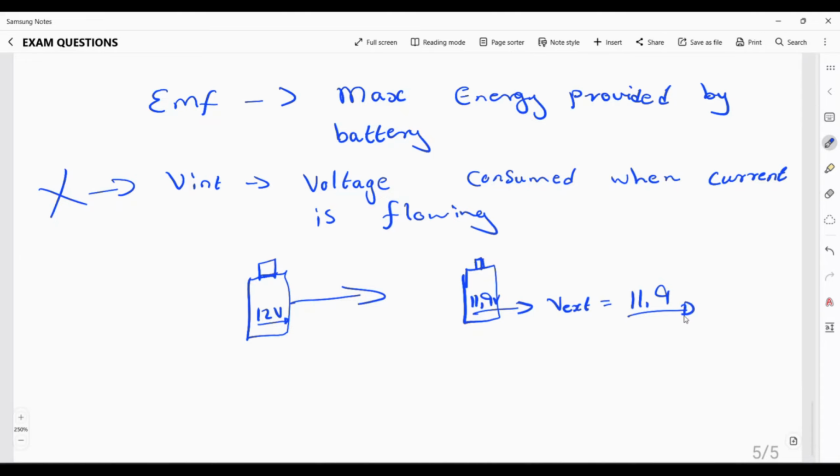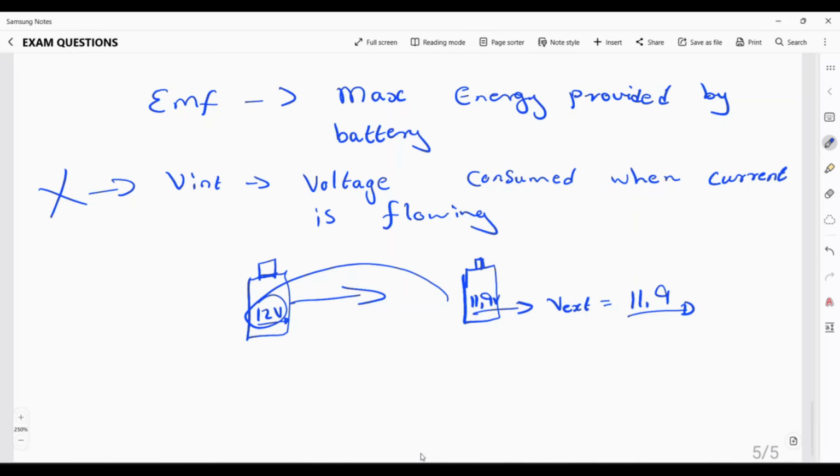Why V external? Because it was provided outside the battery. It was sent outside. External means out. But because it was written 12V and it only used 11.9, what happened to that other voltage?